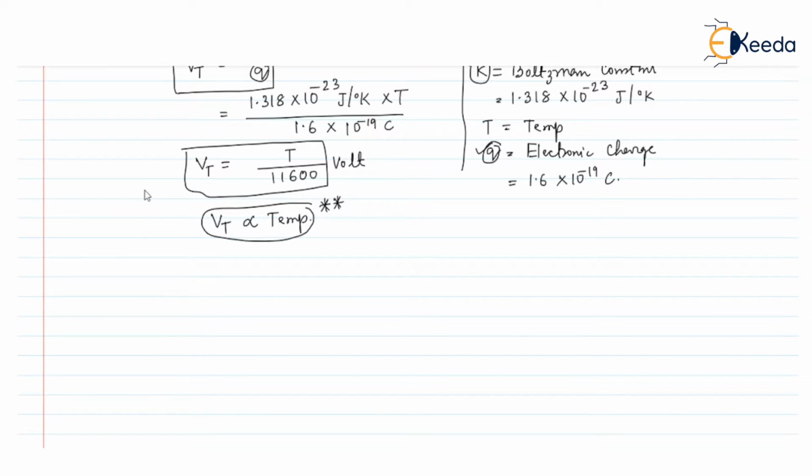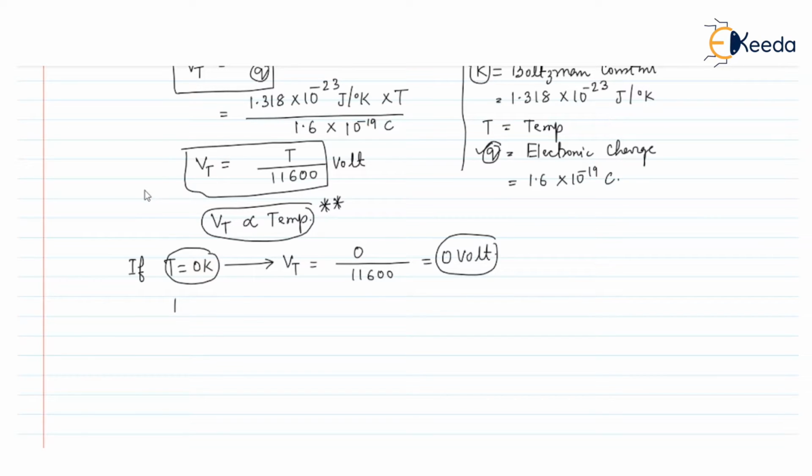Now, suppose the temperature is 0 Kelvin. At 0 Kelvin, if we find the value of Vt, it will be 0 divided by 11,600, so it will come out as 0 volt. So at T equals 0 Kelvin, the Vt value is 0 volt.